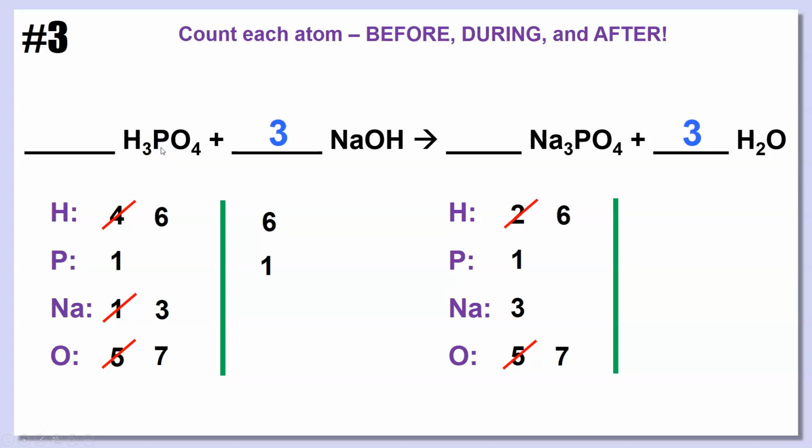I still just have 1 phosphorus. 3 sodiums. 4 plus 3 oxygens gives me 7. On this side, 3 times 2 is 6. I have 1 phosphorus. I still have 3 sodiums. 4 plus 3 is 7. Okay, and it's good.